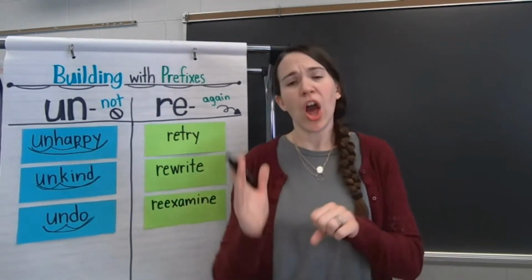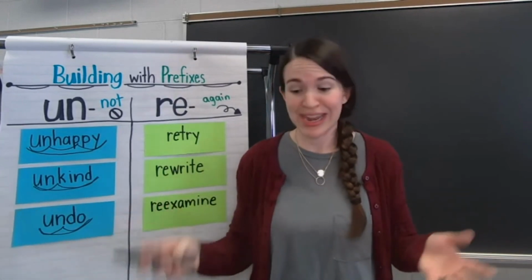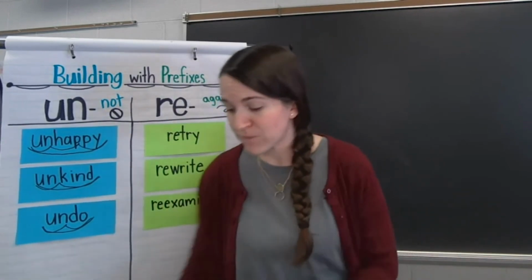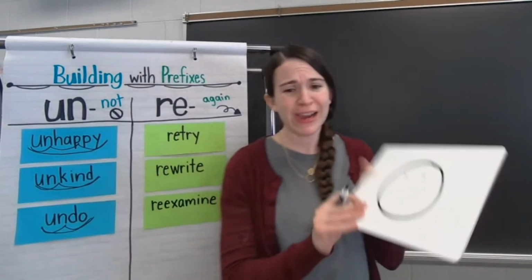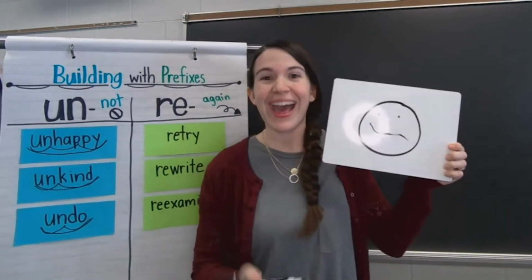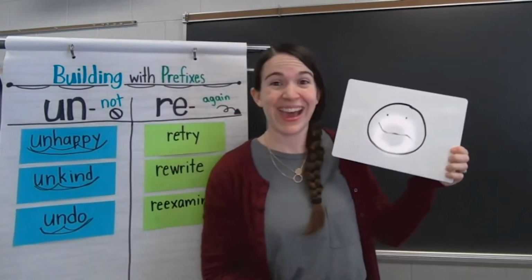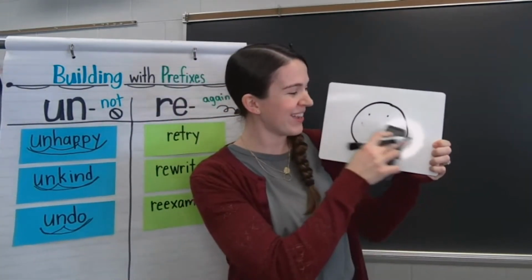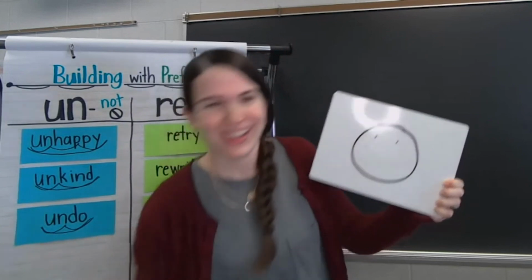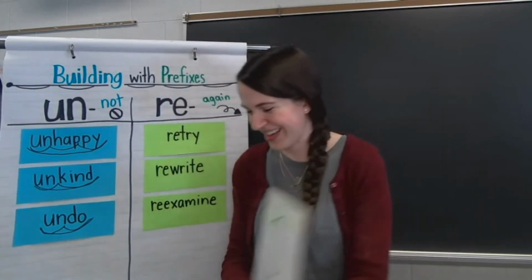So if you undo something, you make it so that that action is not done anymore. For example, if I'm trying to draw a smiley face, but I make a mistake, I can undo my mistake, make it not done by erasing it. I undid my mistake. There it is.